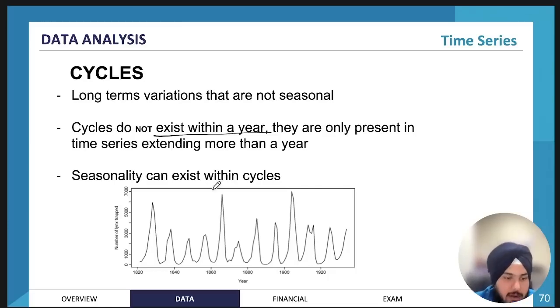As you can see in this graph, we have a peak, but it takes approximately 10 years to reach that peak, and then 10 years to come back down to normal level. Therefore, this is called a cycle. There can actually be seasonality within a cycle, but that gets really complicated, so we usually don't like to put those types of questions.